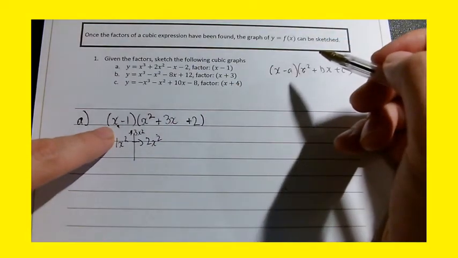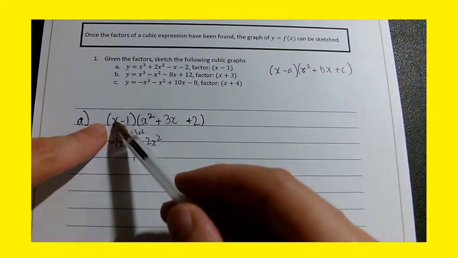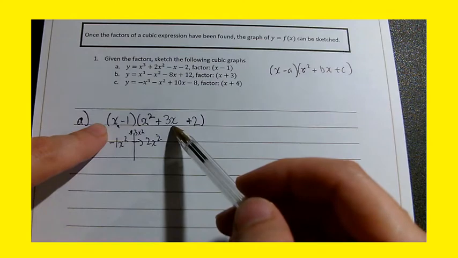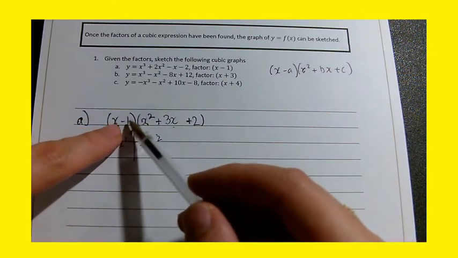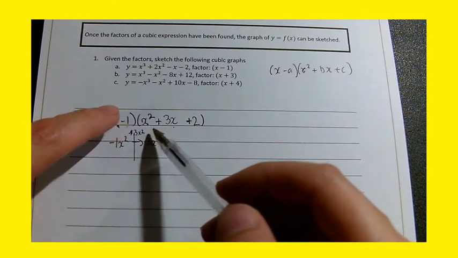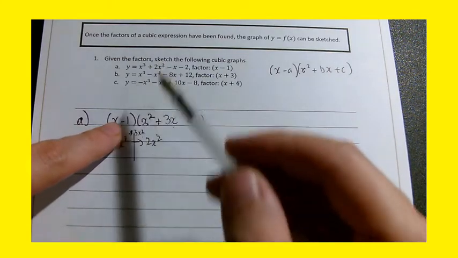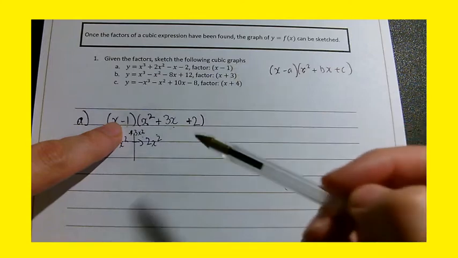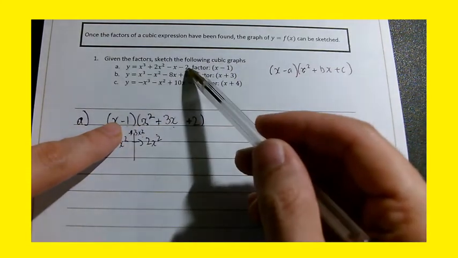Okay. Now obviously, let's just test if this works. So x times x squared, x cubed, x times 3x, 3x squared, x times 2, 2x. 1 times minus x squared, well the 3x squared minus the 1x squared will give me the 2x squared. 1 times minus 3x, well we already had a 2x, so minus 3x will give me that, and then minus 1 times 2 will give me that as well.